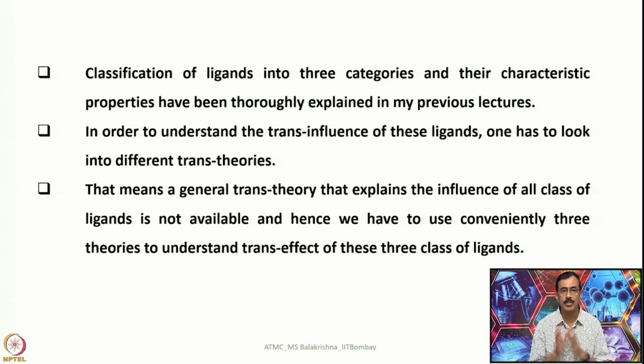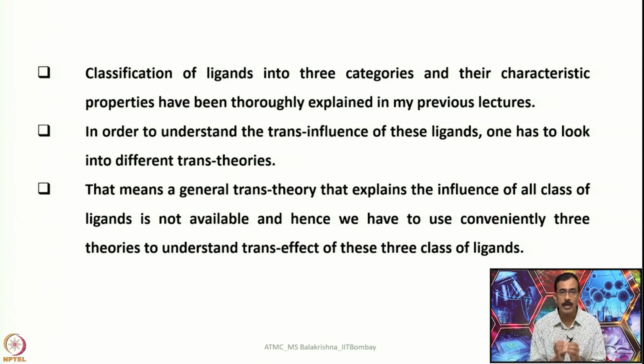In order to understand the trans influence of these ligands, one has to look into different trans theories. The 3 classes of ligands are the pure sigma donor ligands, sigma donor and pi donor ligands, and sigma donor and pi acceptor ligands.